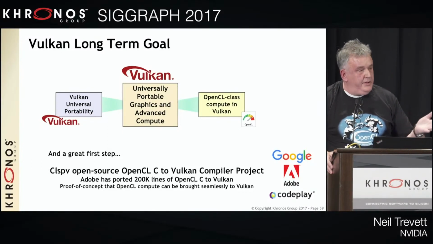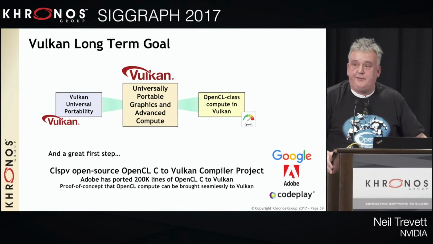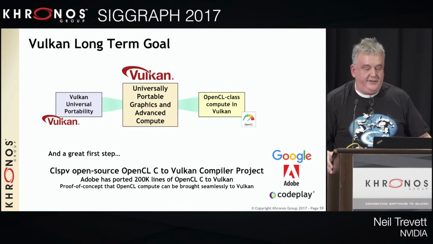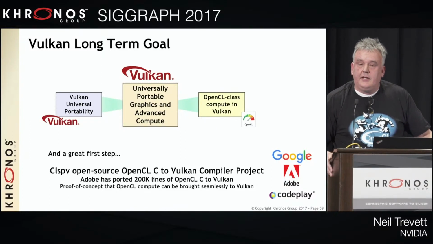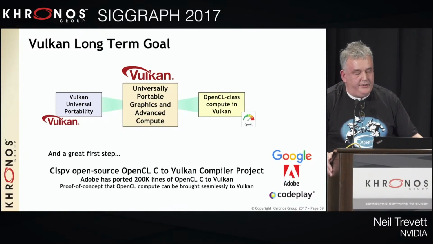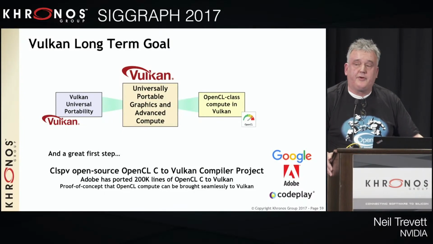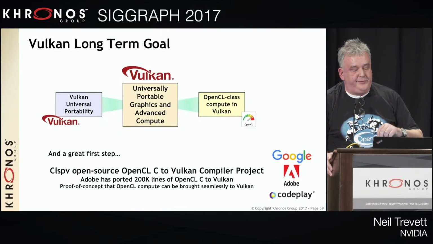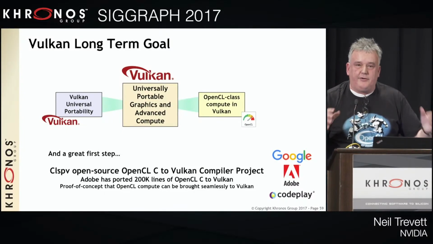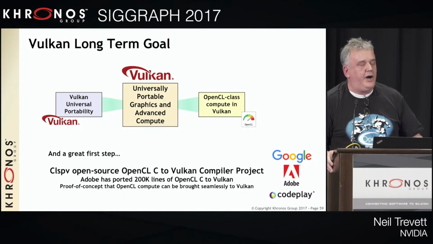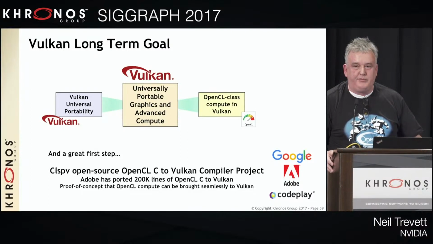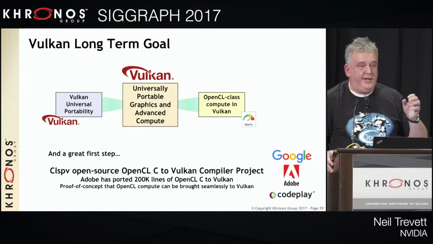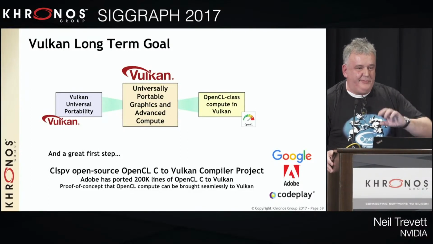And Adobe, it turns out, have 200,000 lines of code that they let this project use as an experiment. And they've successfully compiled that much production code already. So it's kind of a proof of concept, I think, that this merging of OpenCL compute capabilities with Vulkan is going to be a very interesting project. And Ralph is going to talk in a lot more detail about that. Thank you.